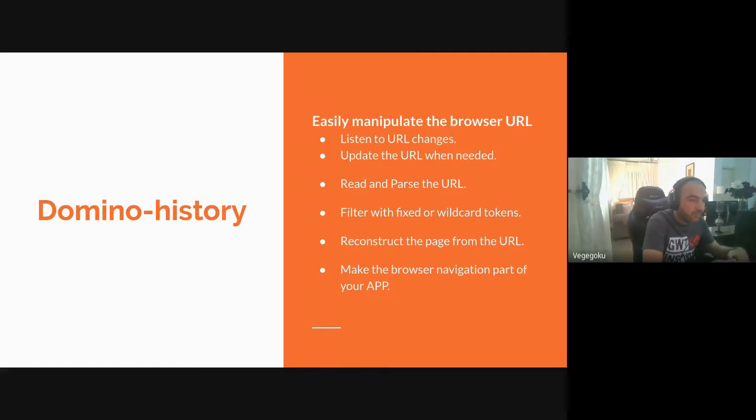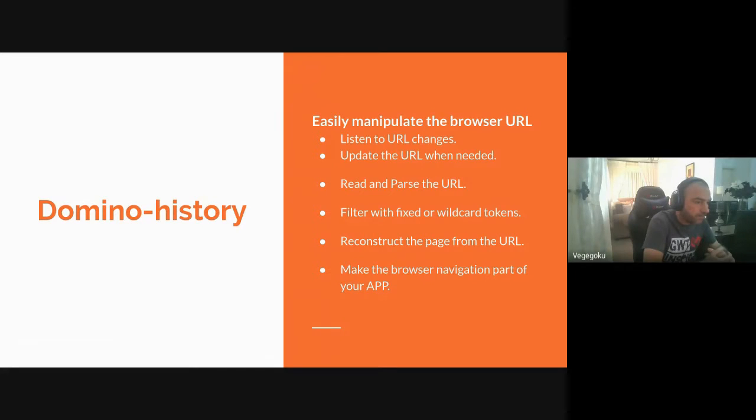Another thing that I want to do is listen based on specific filters. For example, I want to listen when the URL token starts with some sort of string of a path, or even has a specific query param.